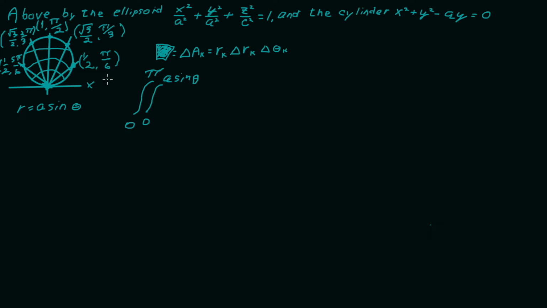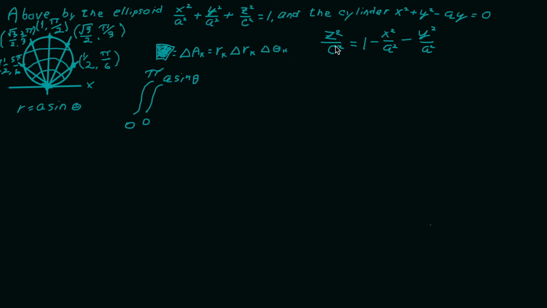Inside each one of those, we'll take the height of this ellipsoid. So we'll have to solve this for z. We'll move these two terms over to the other side, making z squared over c squared equal 1 minus x squared over a squared minus y squared over a squared.